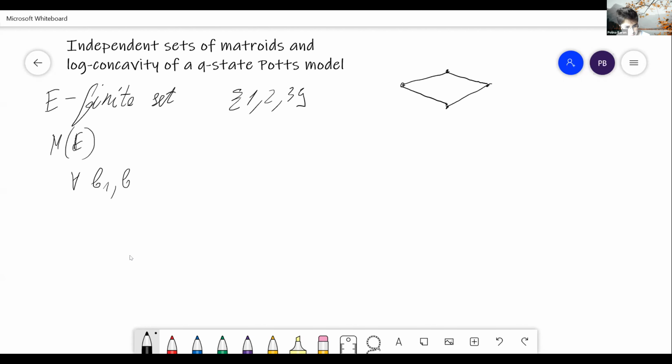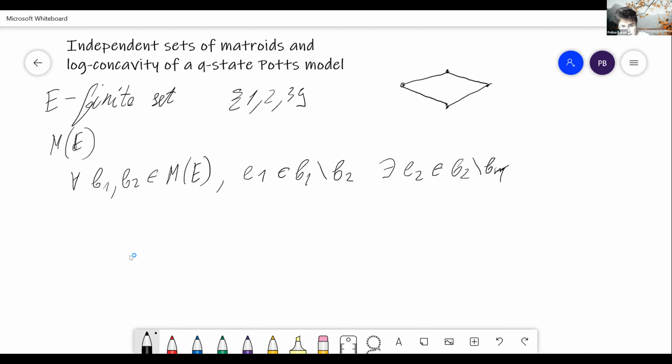If we have two bases of the matroid, B1 and B2, which I remind you are subsets of E, and we pick some element E1 which belongs to B1 and does not belong to B2, there always exists an element E2 which belongs to B2 but not to B1, such that the set B1 with E1 excluded and E2 added is also part of our matroid.